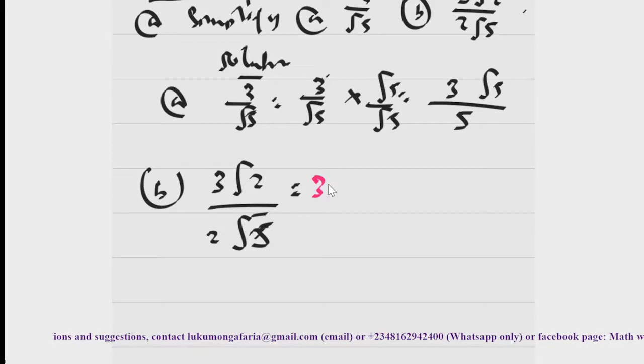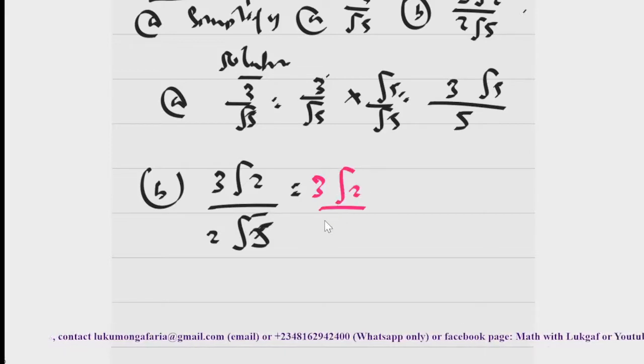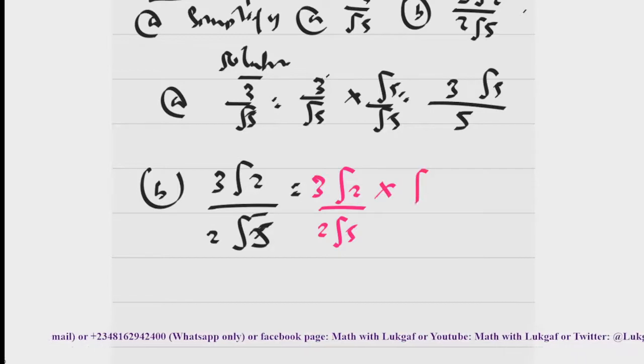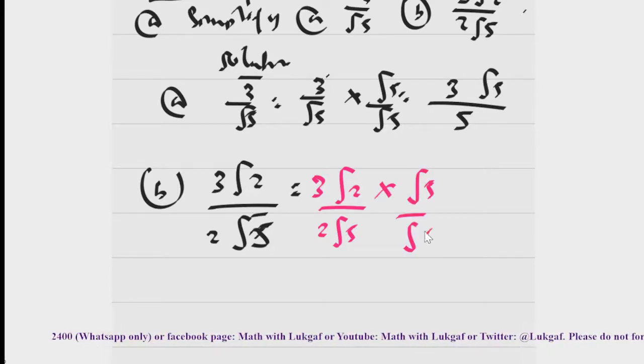So this is going to give you 3 root 2 divided by 2 root 5 multiplied by root 5 over root 5. What you do for the numerator, you must also do for the denominator. I hope you understand now.